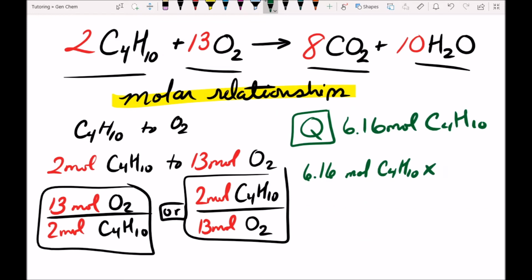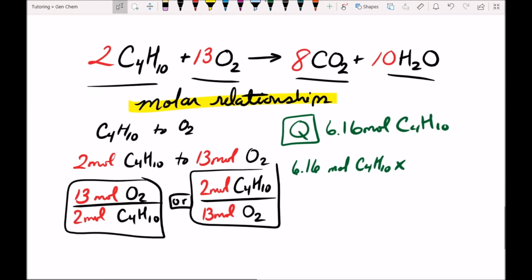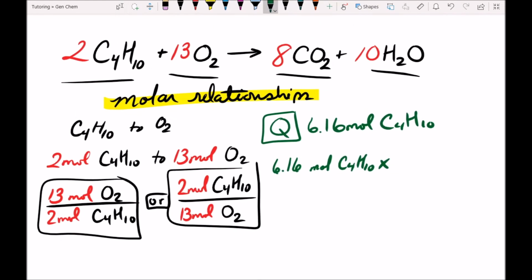So we multiply by a fraction. And so what are we trying to get? We're trying to get moles of oxygen, so that will be in our numerator. And our denominator will have moles of C4H10, so that those units will cancel out, leaving us with moles of oxygen.